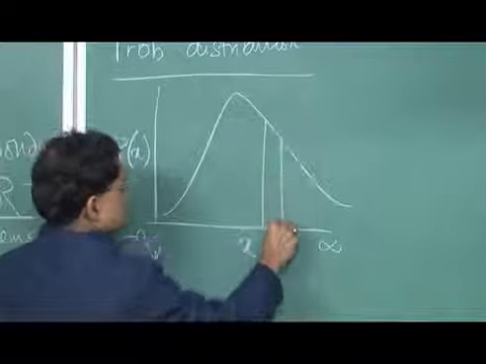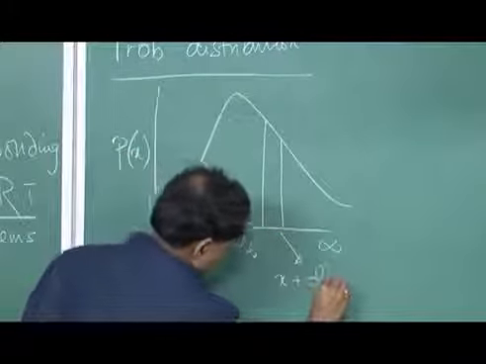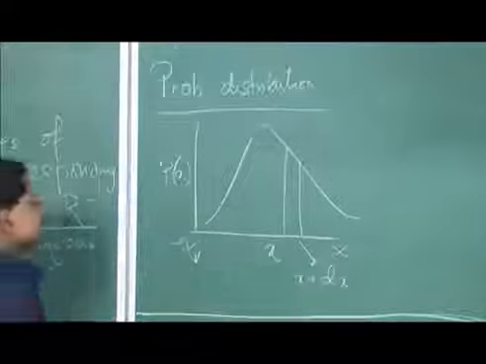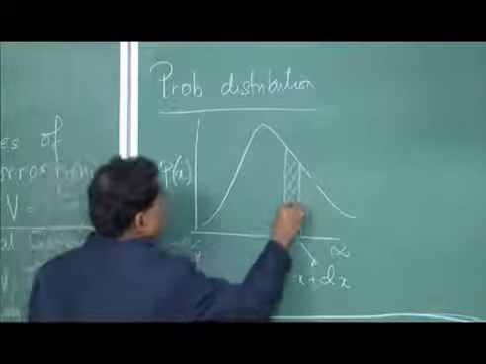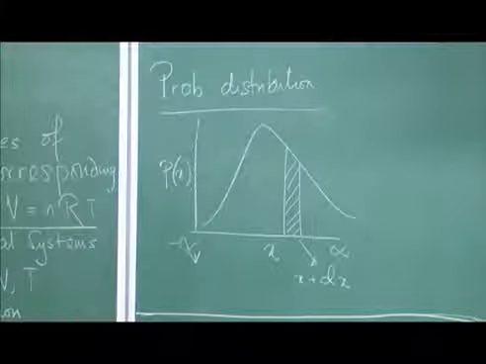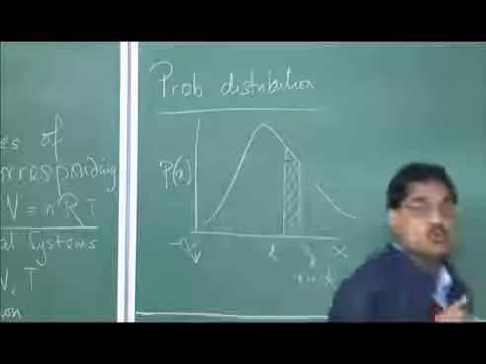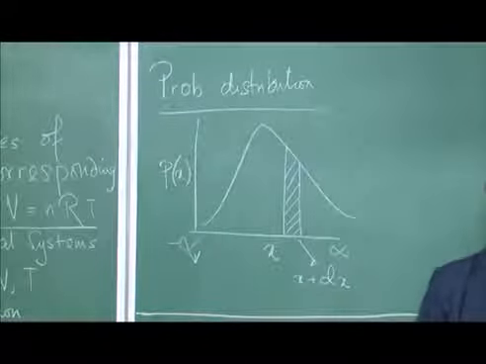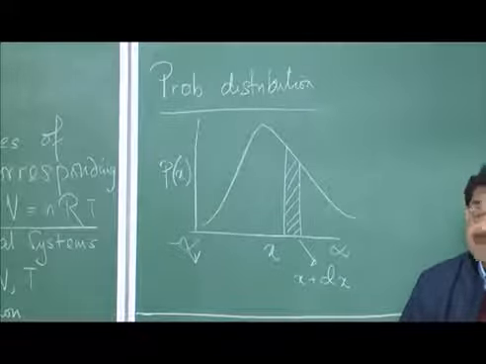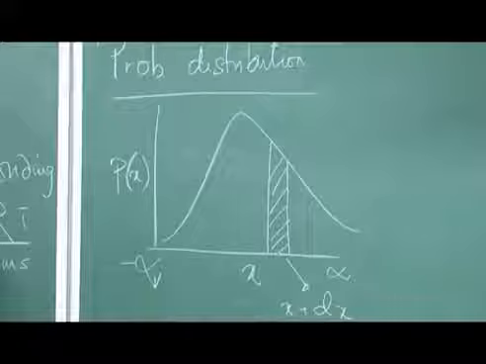If I call this x plus dx, then this gives me the probability that my variable, the random variable I am considering, lies between x and x plus dx.